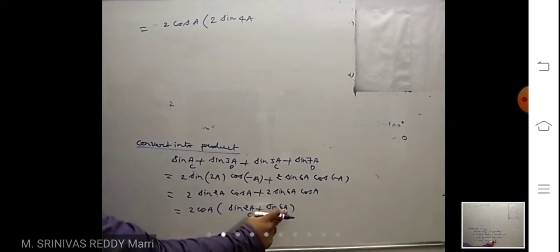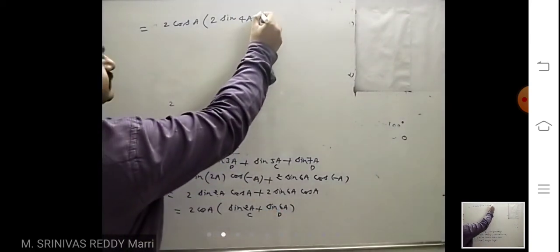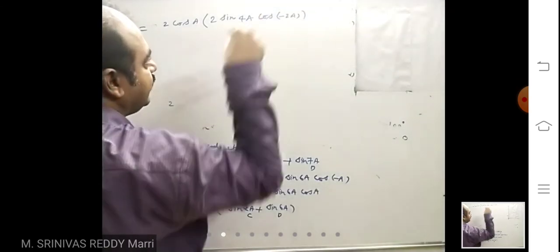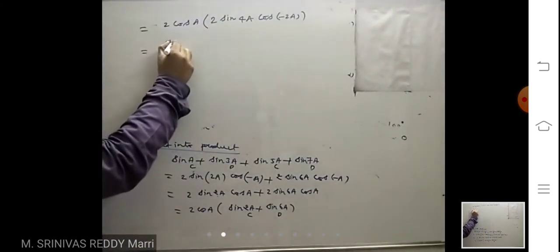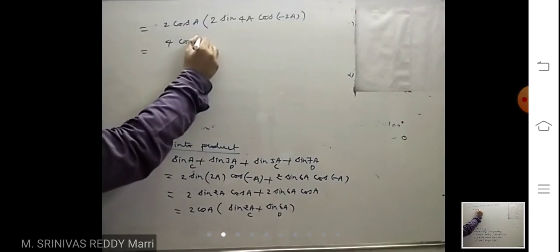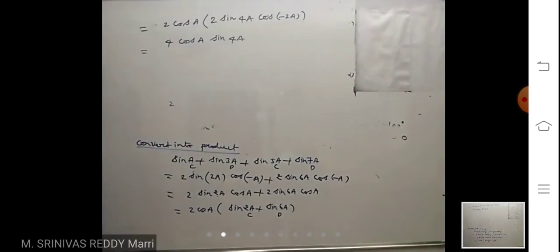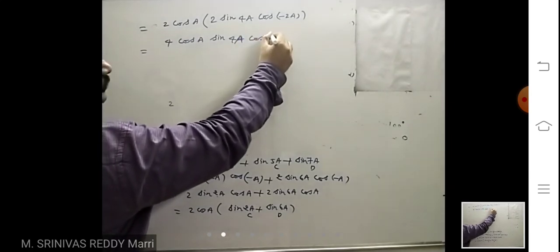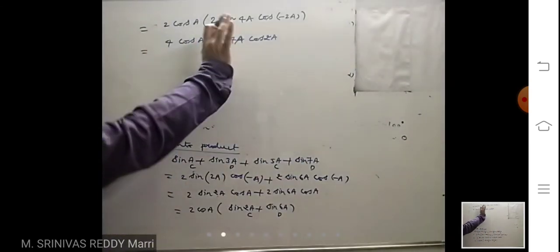C minus D by 2: 2A minus 6A by 2, that means minus 4A by 2, that means cos of minus 2A. Cos of minus theta is cos theta. So you will get 2 into 2, 4 cos A sin 4A cos 2A. Like that, whenever a sum comes, you can convert into product like this.